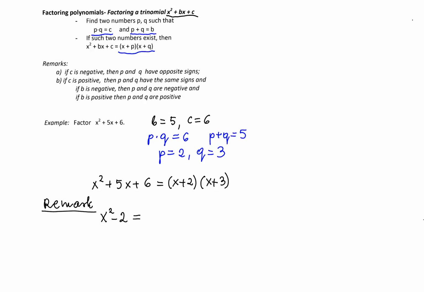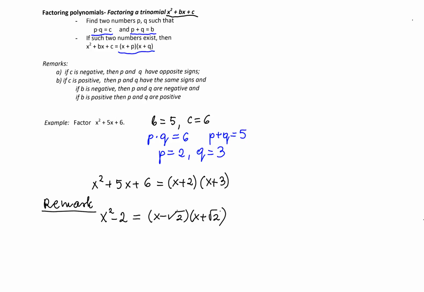This polynomial has the factorization (x minus square root of 2)(x plus square root of 2). We can easily check that the product of those p and q is -2 and the sum is equal to 0.